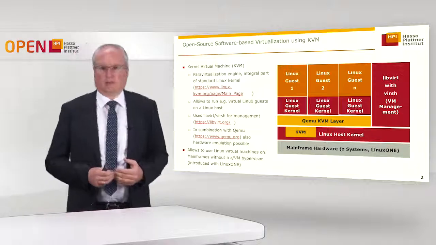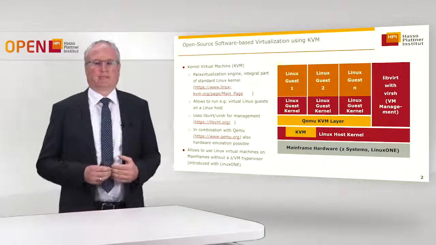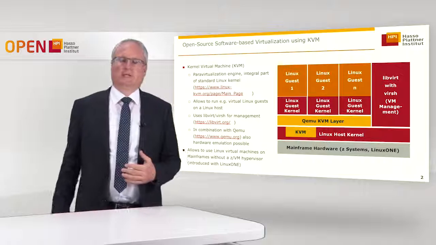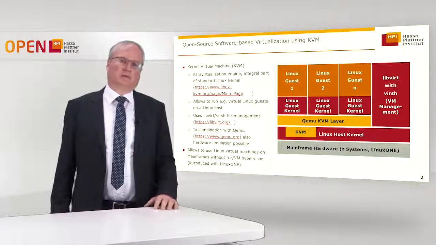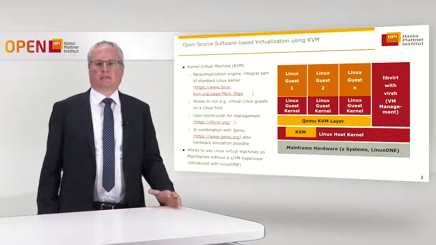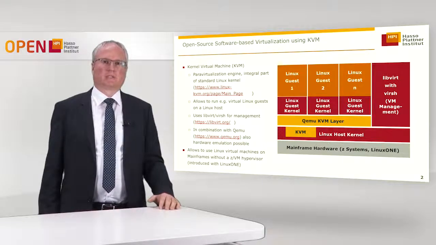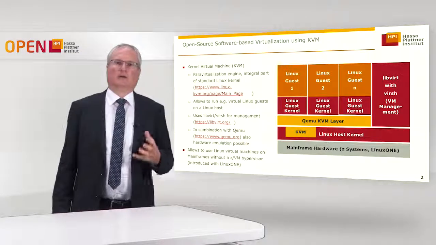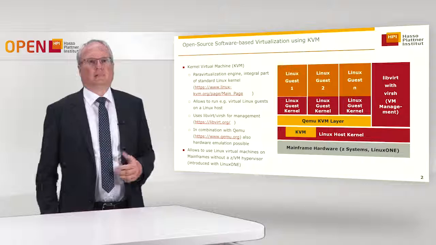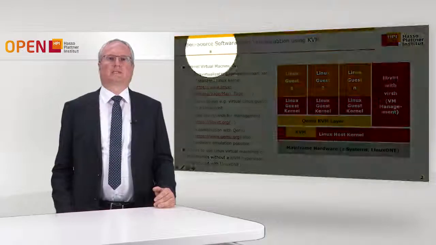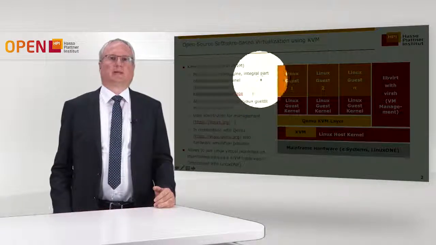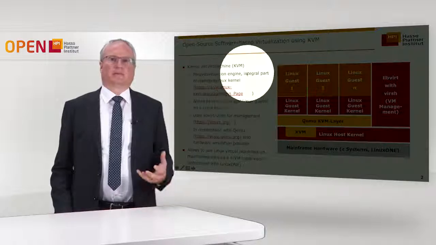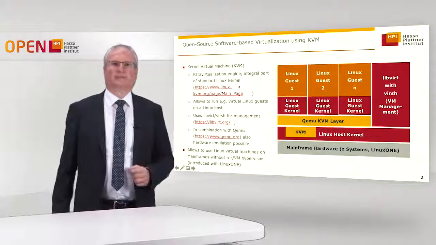KVM, the so-called kernel virtual machine, is a concept that has been introduced in the Linux kernel for some years now, and is a standard part of the Linux kernel. It's an integral part of the Linux kernel on most operating systems that Linux supports, and so it's a standard feature of the mainline kernel.